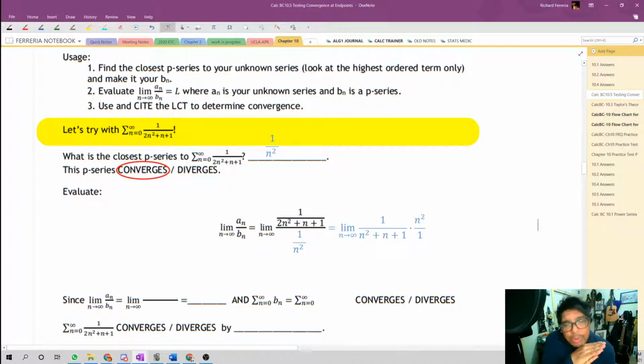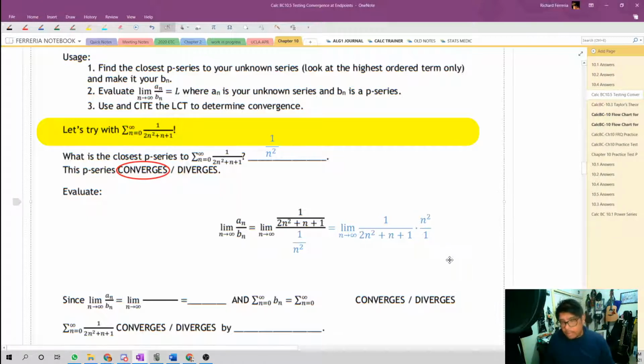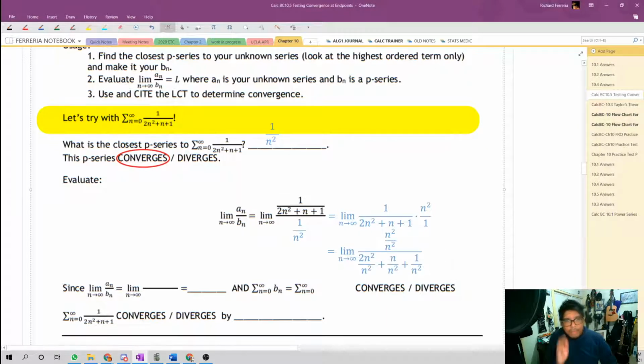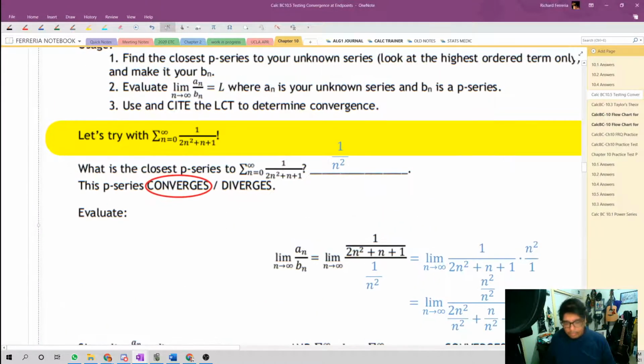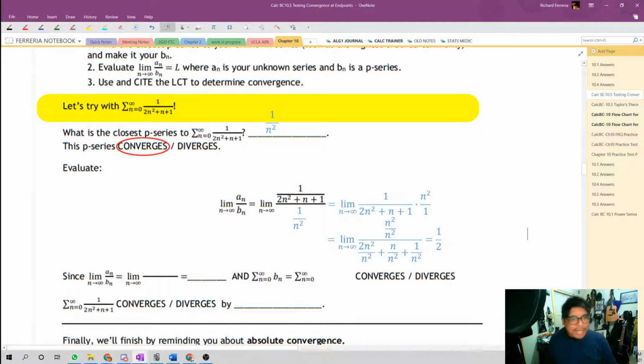Okay, so that's equal to 1 over 2n squared plus n plus 1, multiplied by n squared over 1. We're going to divide each part of this by n squared, which is the highest power of n. And that's going to simplify to 1/2.